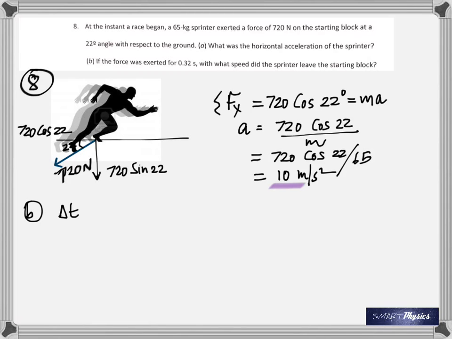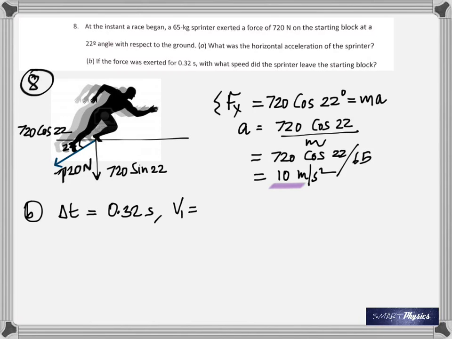His initial is 0. And the question says, with what speed does he take off? It's just like when I have that ball in my hand and throw it up. Is the initial velocity 0? If I throw it up, no. If I drop it, yes, the initial velocity is 0. Same thing. So we're looking for the final.